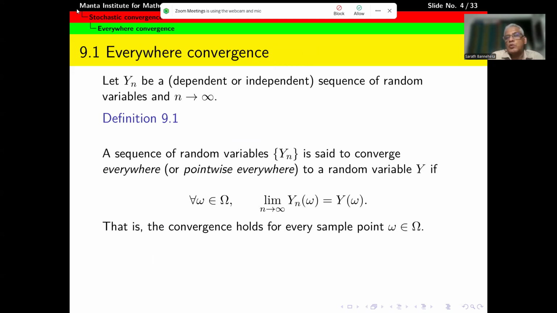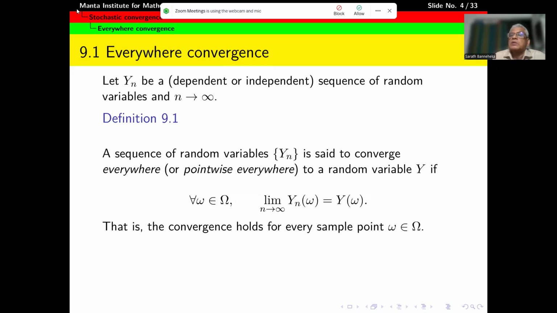In order to talk about this kind of convergence, we have to consider a sequence of random variables, say for example Y1, Y2, Y3, ..., Yn, where Y1 can be one random variable, usually based on only one observation.